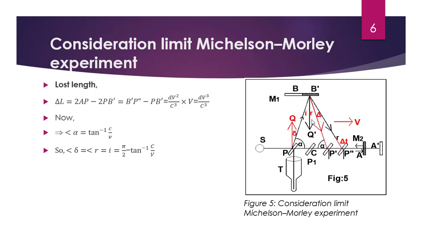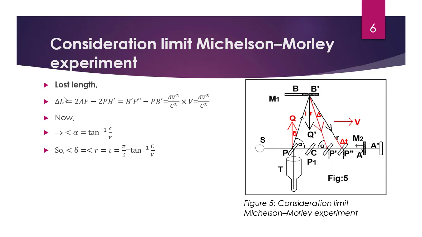Lost length dl equal to 2 into AP minus 2 PB dash. 2 PB dash equal to B dash P double dash minus PB dash, B dash P double dash minus PB dash equal to dv square by C cube into V, dv cube by C cube.